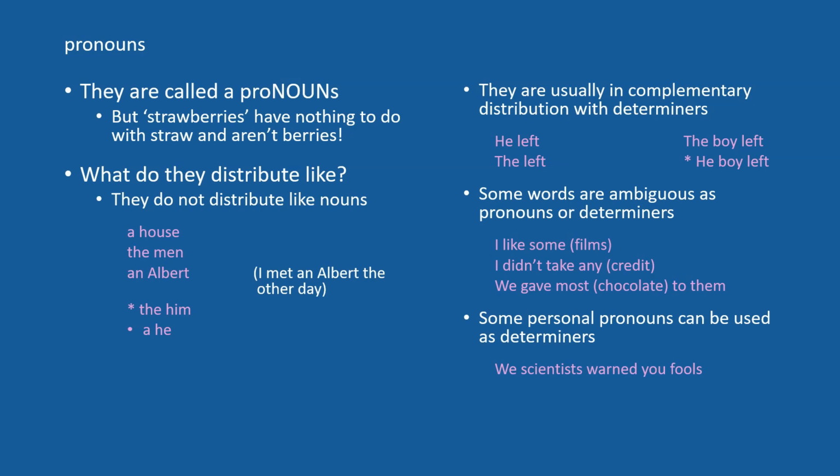So we scientists warned you fools about this phenomenon. So all of the evidence that we have there seems strongly to point in the direction of saying that pronouns are determiners, not nouns. Now, here's the problem then.